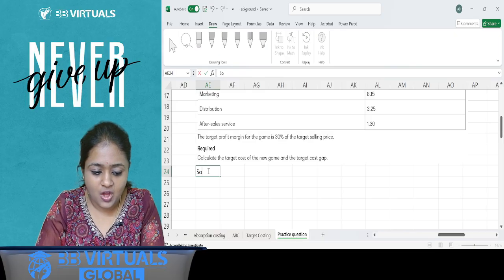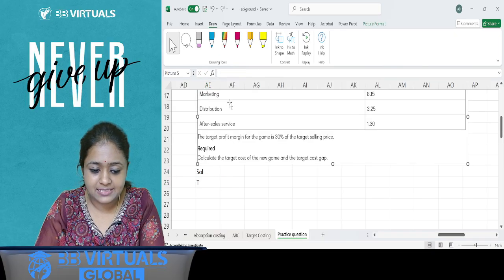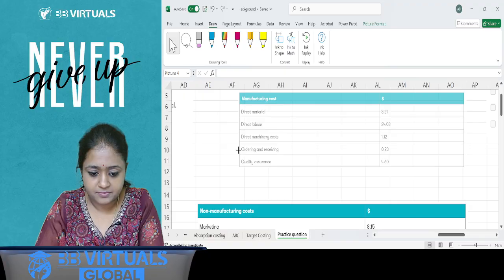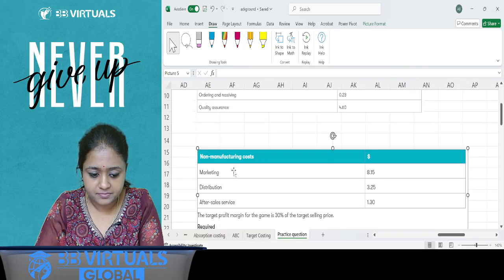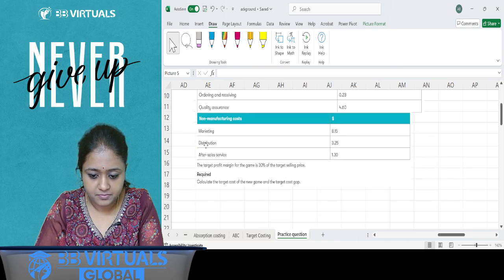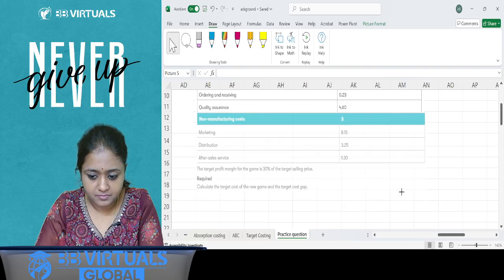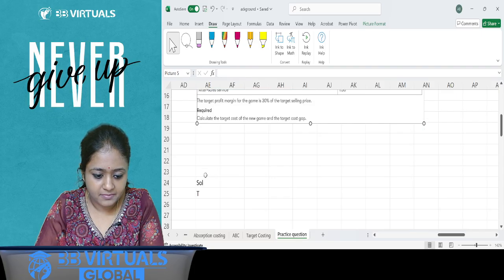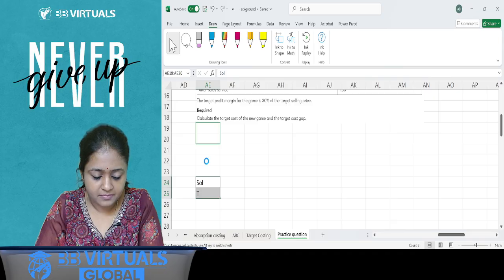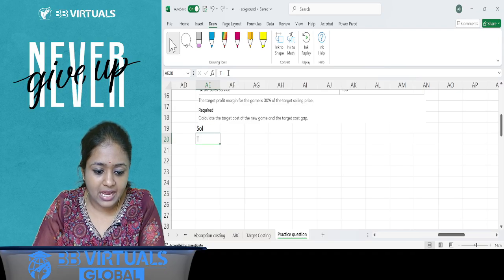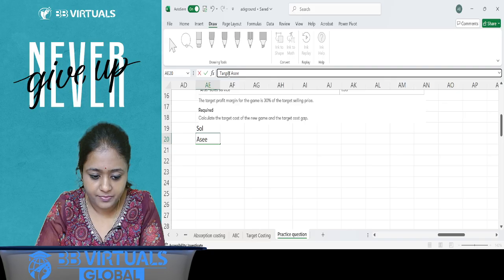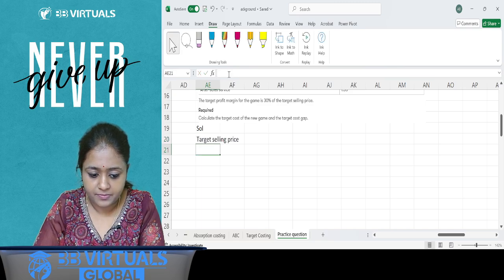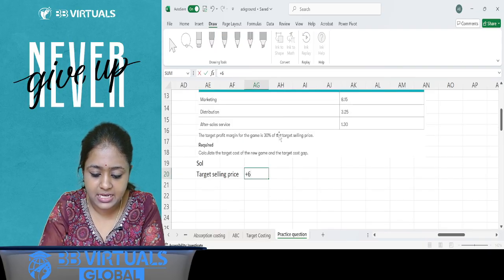Okay, let's solve it. So now, solution. My target selling price is 60, given to us.